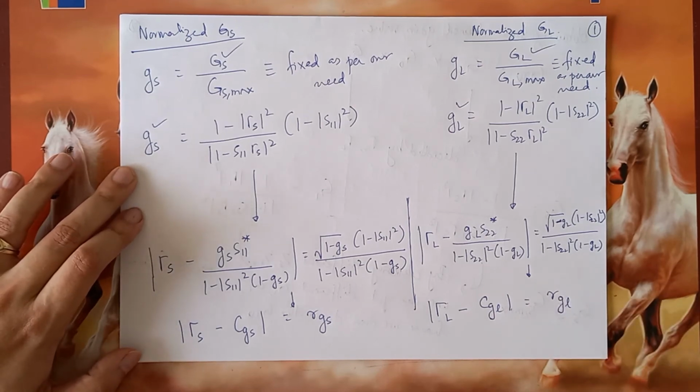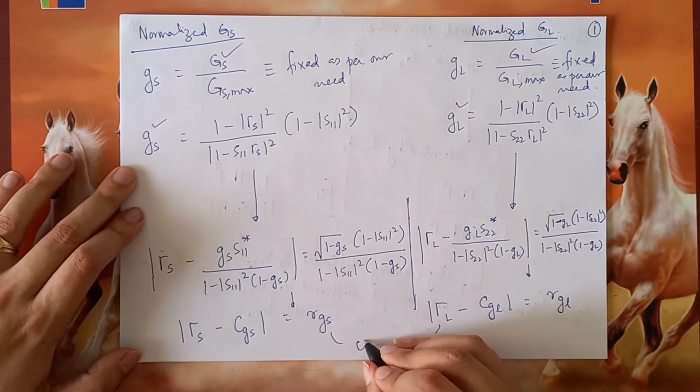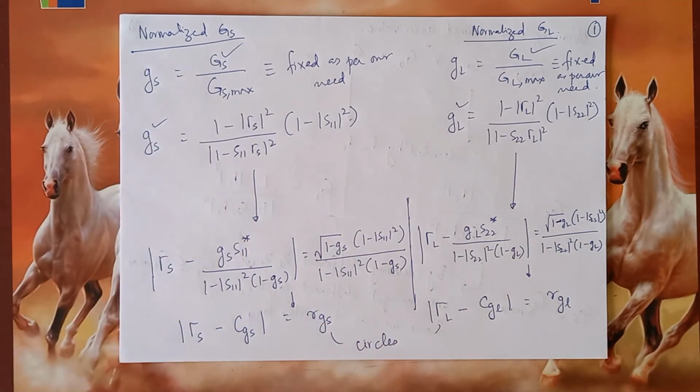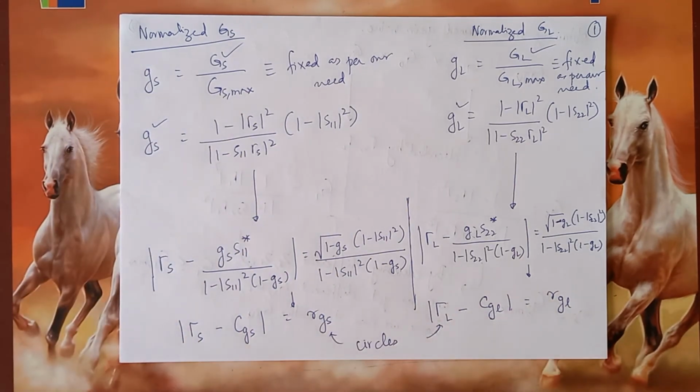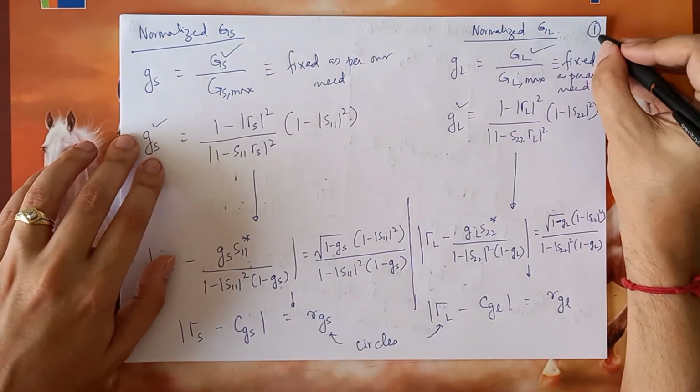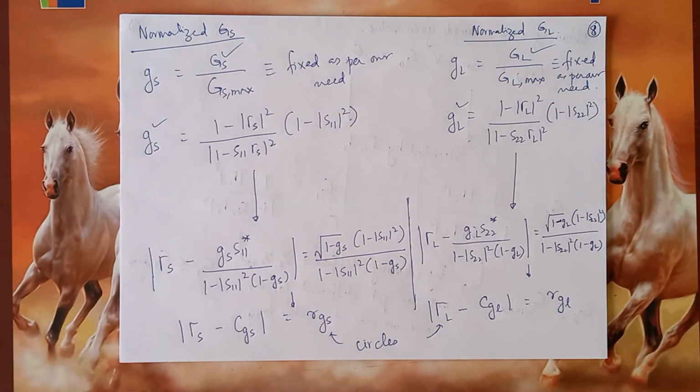Once again, we see that these two are circles. These are equations of circles on the gamma S plane and the gamma L plane respectively. So it is all coming back to us in the form of circles.